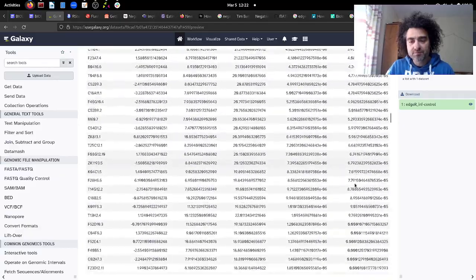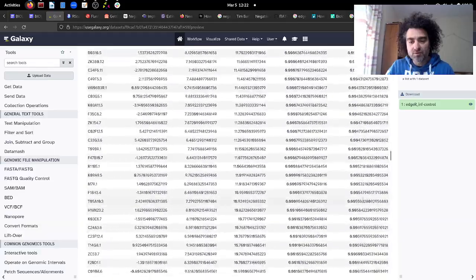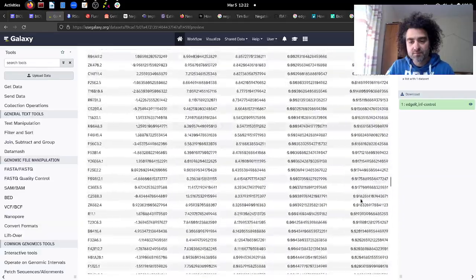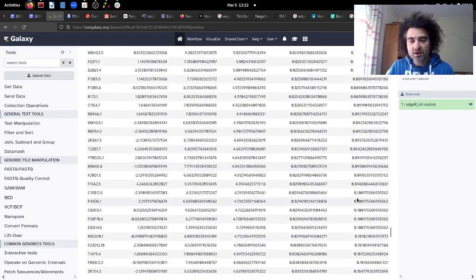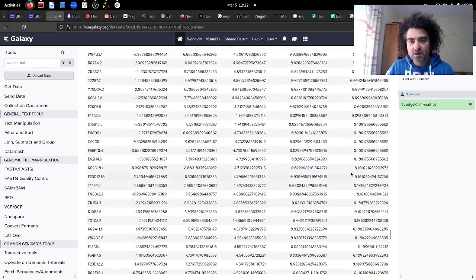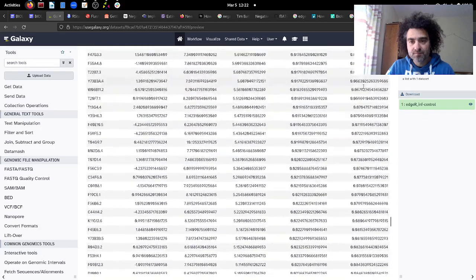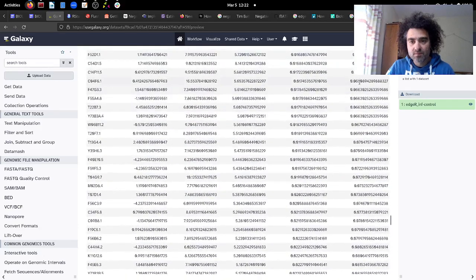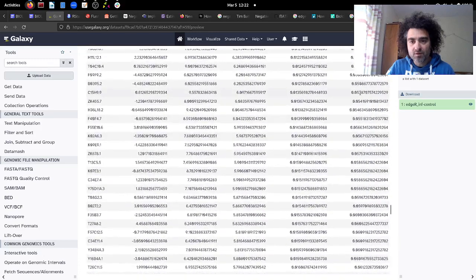Many actually, based on these measurements. So several hundreds of genes are differentially expressed. Somewhere here should be the threshold.